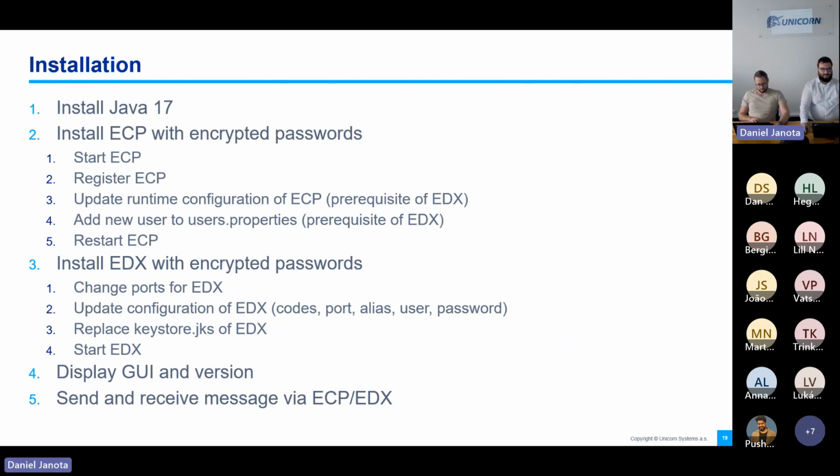Then we will install the ECP with encrypted passwords, register it, prepare it for EDX toolbox integration. And then we will also install the EDX toolbox again with encrypted password, configure it, start it, and send some message.